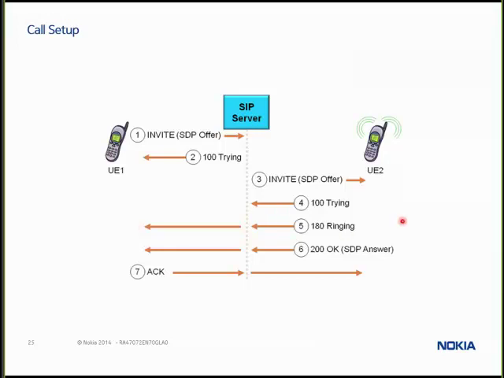Once the subscriber answers, so someone picks up the phone or hits the green button to say answer, the 200 OK is sent, and in that message, we send the SDP answer. So we're now looking at the SDP session here. The SDP offer came in the invite, now it comes in the answer.